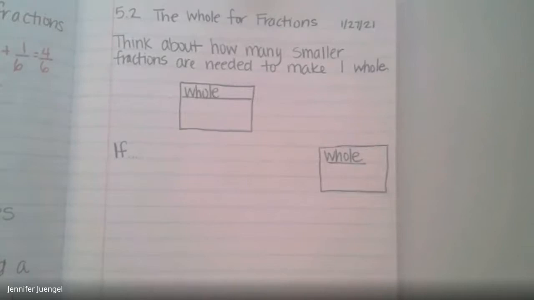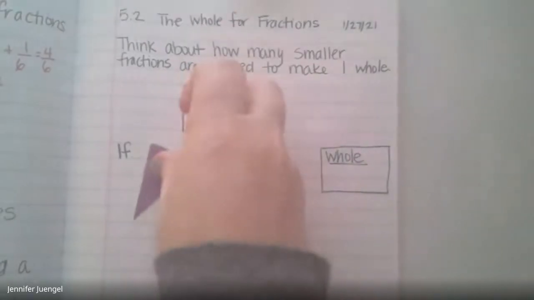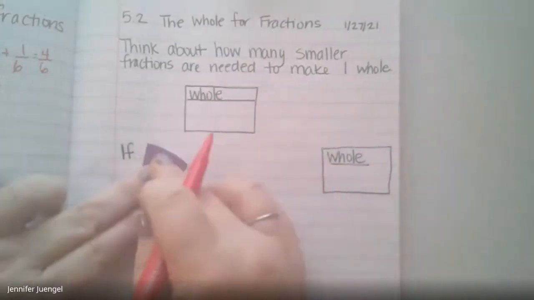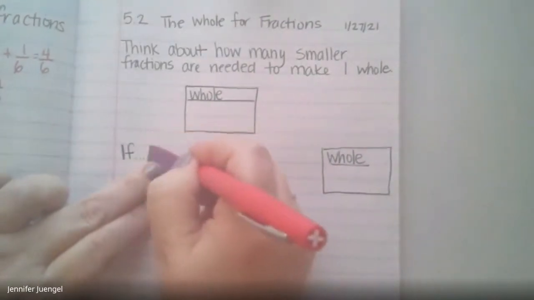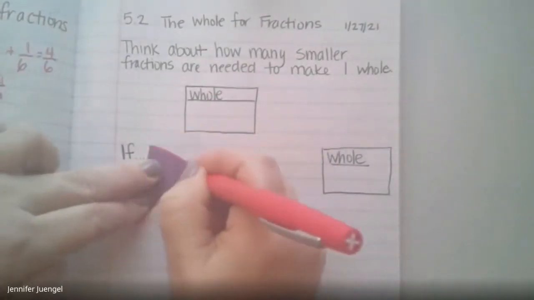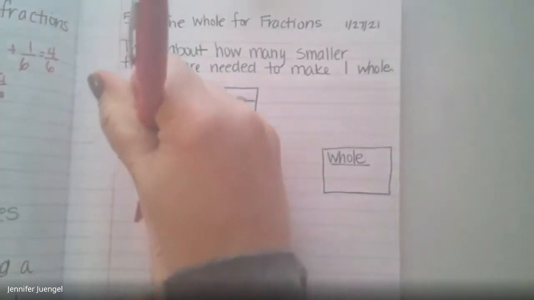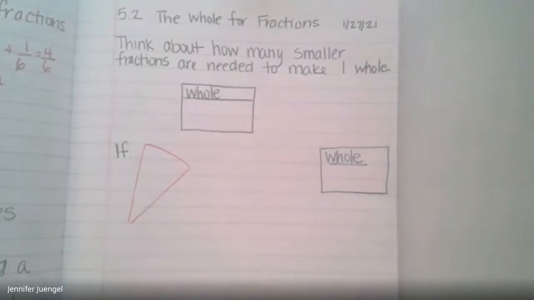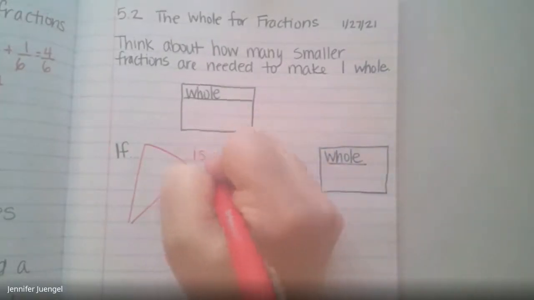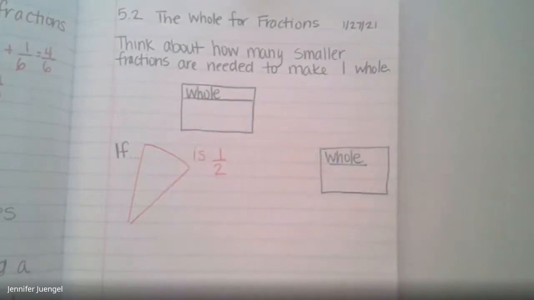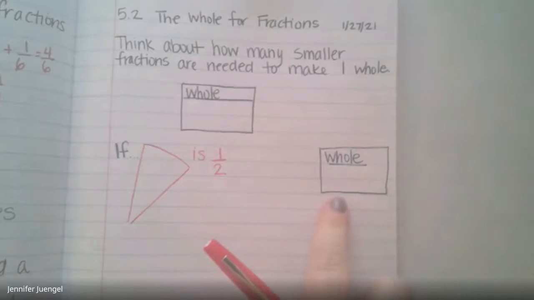If this piece right here, and I'm going to trace it in my notebook. You probably would want to do the same in your notebook, just so that you can look back on your notes later. If this piece right here is 1/2 of the fraction I will get, what is the name of my whole?